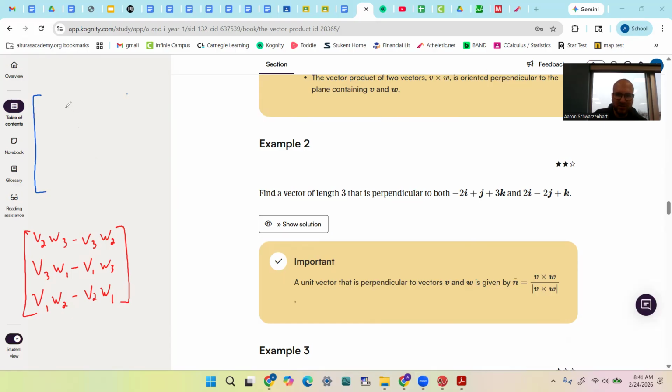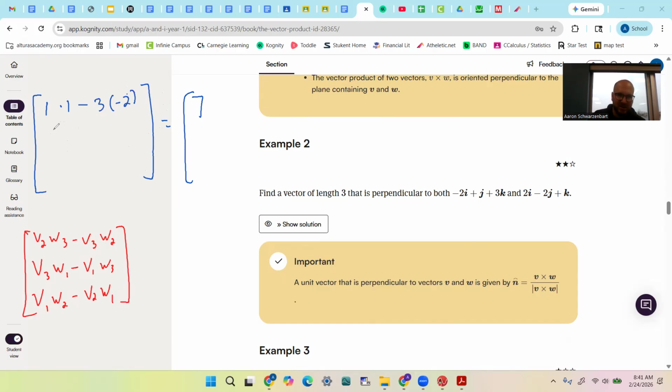So V2, 1 times W3 is 1 minus V3 times W2 is -2. That's also 7. Since this is a perpendicular vector, you can do either direction, right? Yes.